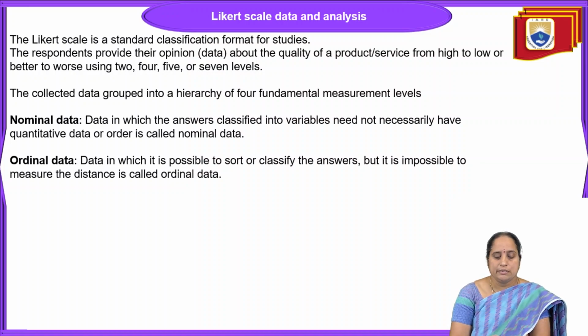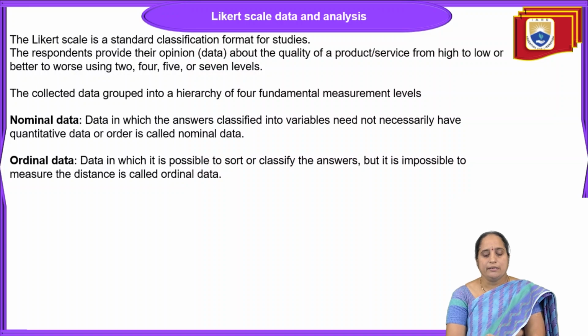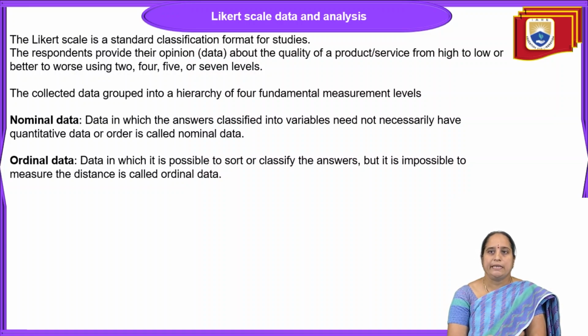So the first is nominal data, in which answers classified into variables need not necessarily have quantitative data or order. Only to identify or locate things do we use the numbers, and that kind of data is known as nominal data.